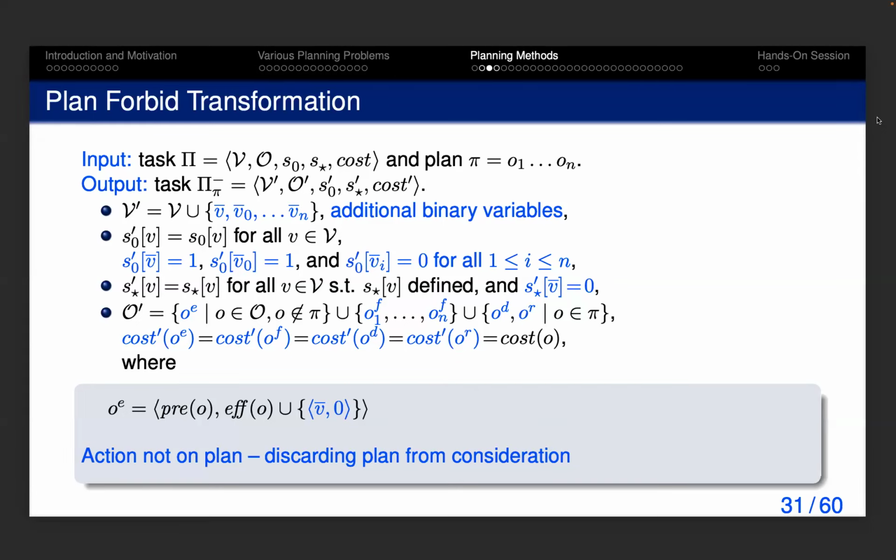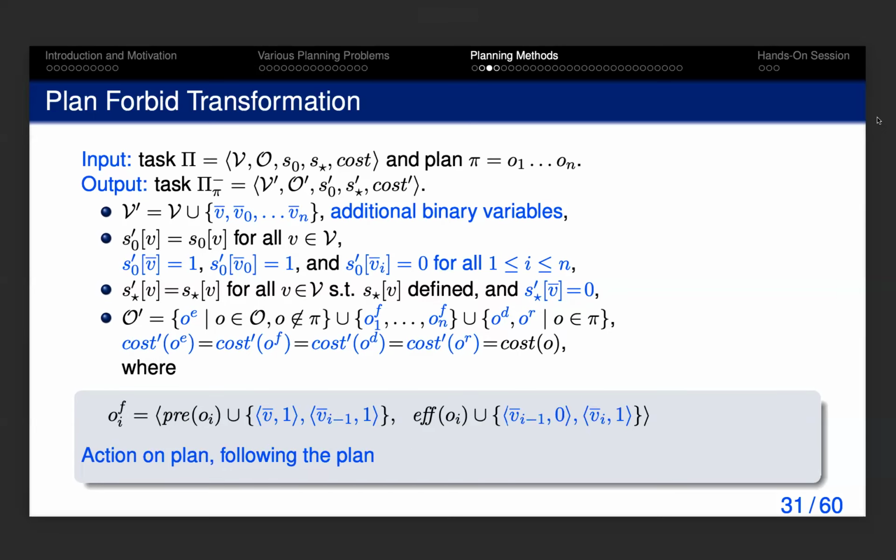These actions are not on the plan, and we add one effect that just sets the v overline variable to its goal value, basically discarding this plan from consideration. So if we apply this action, we know that we have moved away from executing that plan.